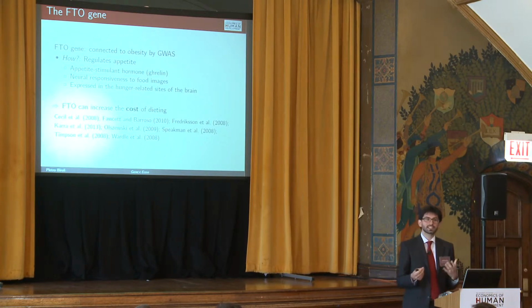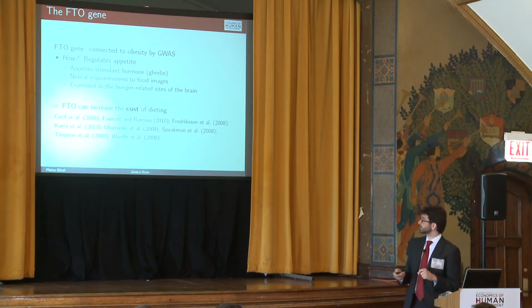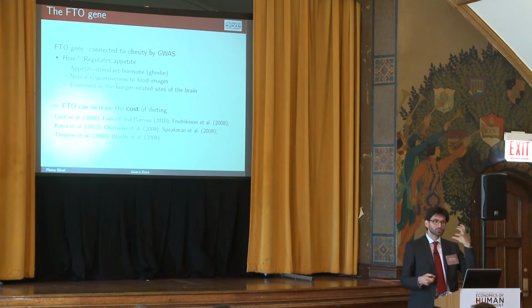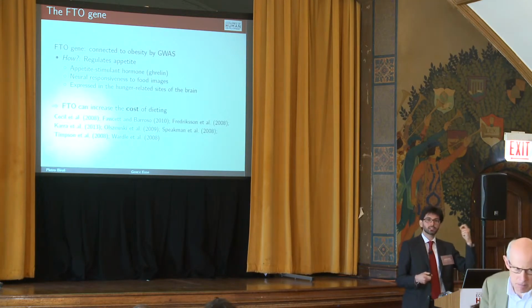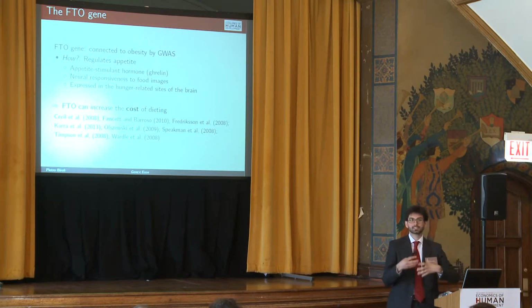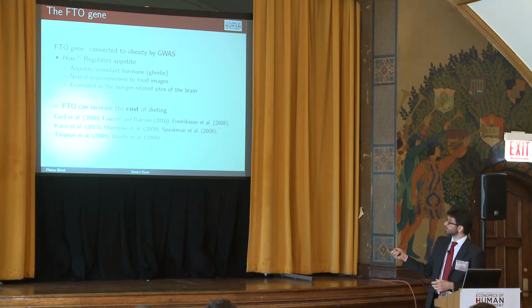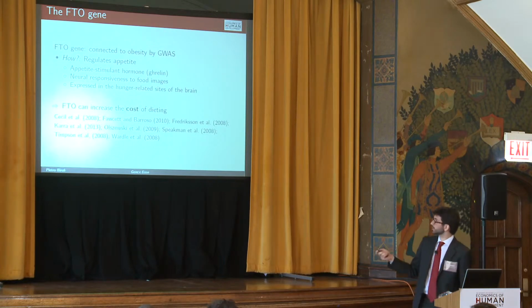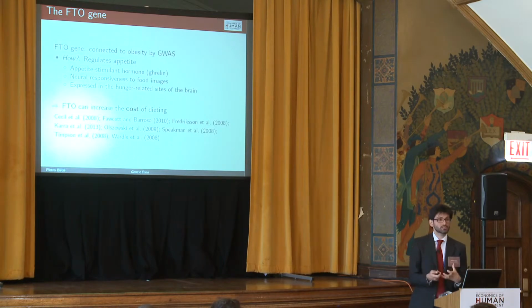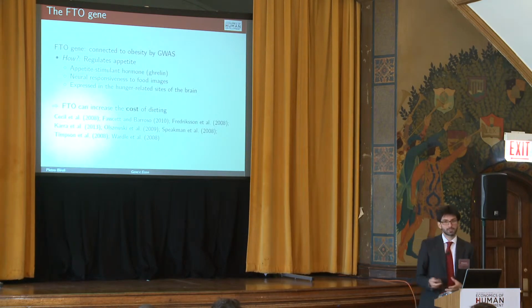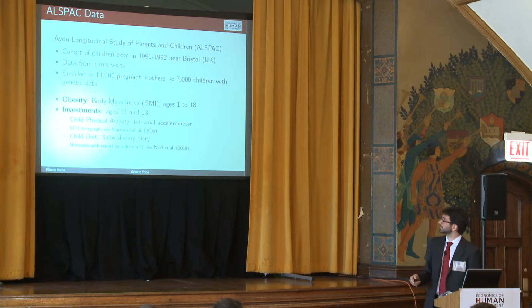What they saw is that people who have one particular genotype had much higher brain activity in the regions of the brain that were connected to appetite and satiation. So the way that we model this is to consider FTO as an increase in the cost of dieting, one of the particular investments that we're going to consider.